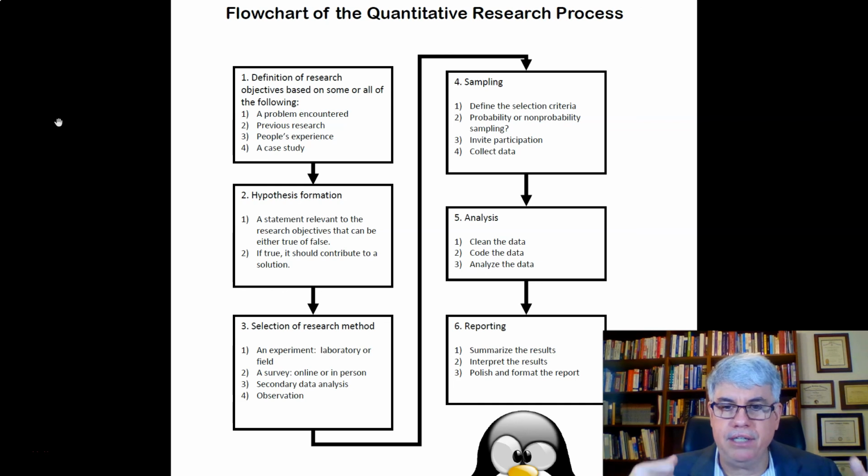And we polish and format the report so that it communicates really effectively. So this is a flowchart of how you can actually carry out research. If you're in a program where you're going to carry out research, you can follow these steps and you'll end up with a decent research project.